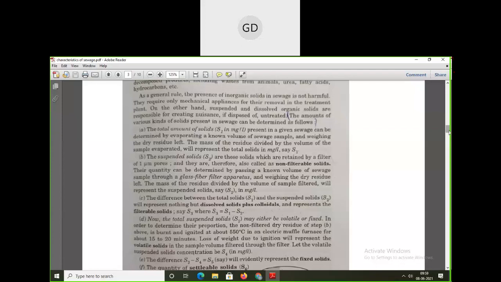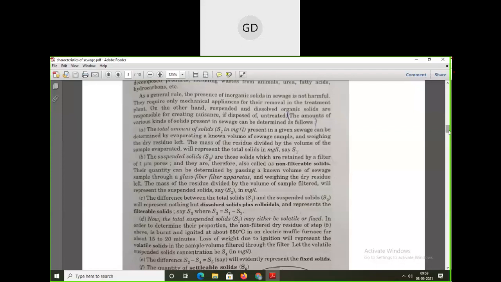Again, I am just repeating: you take a sample of wastewater and measure how much wastewater you have taken. After that you evaporate it, and when everything has evaporated, some dry residue will be left.